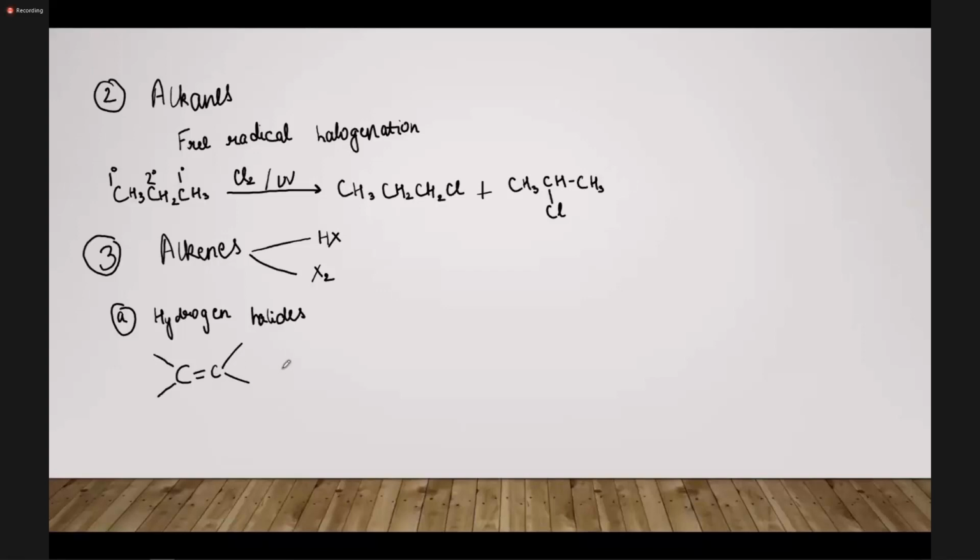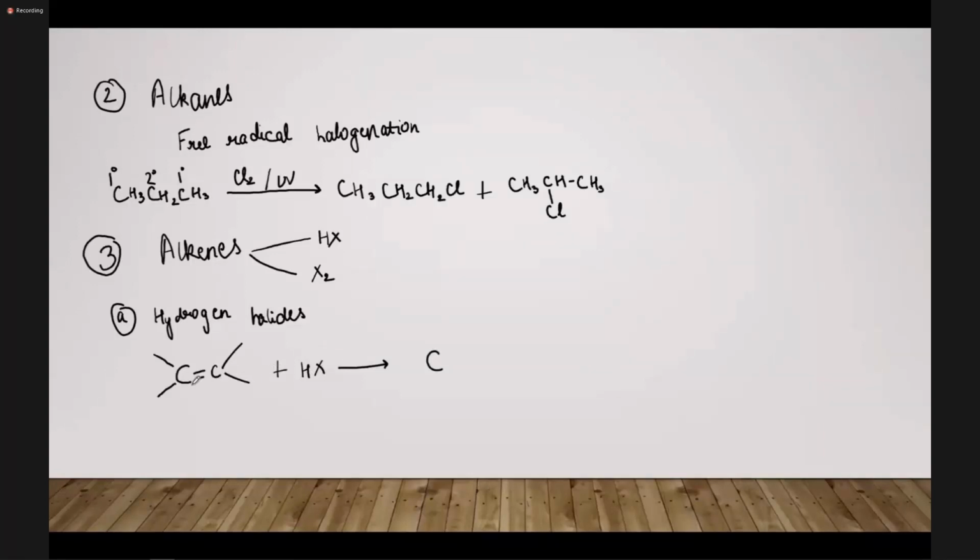And this double bond is reacting with the hydrogen halide, HX. If we discuss the mechanism, this HX bond will break and give H plus and X minus ions, the hydride ion and the halide ion.